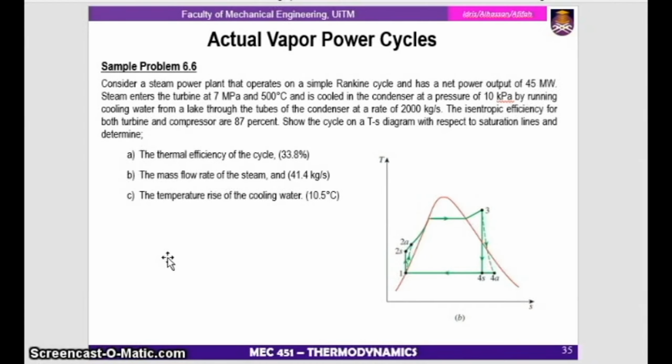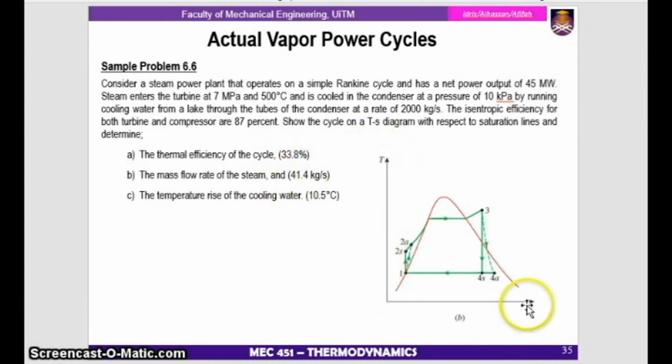The isentropic efficiency for both turbine and pump is 87%. Show the cycle on the T-S diagram with respect to saturation lines and determine: A, the thermal efficiency of the cycle; B, the mass flow rate of the steam; and C, the temperature rise of the cooling water. These are all the answers.